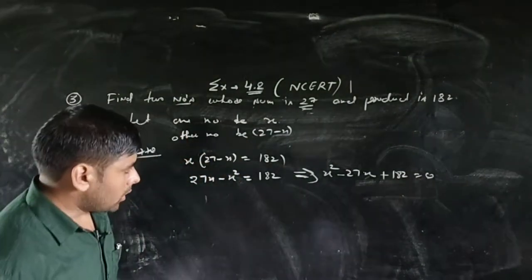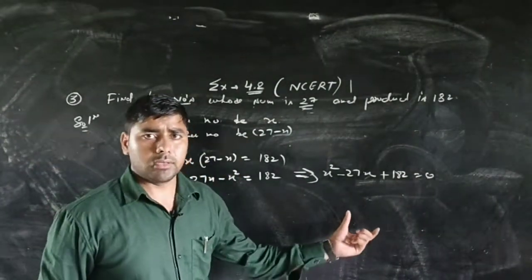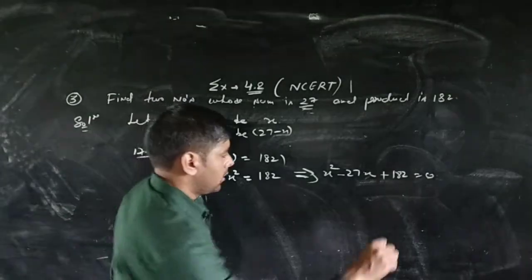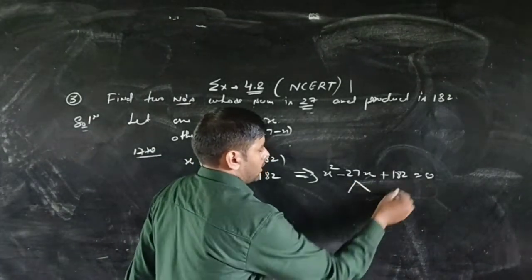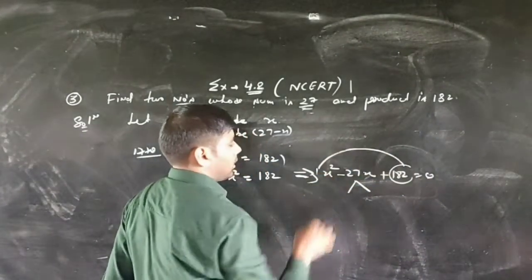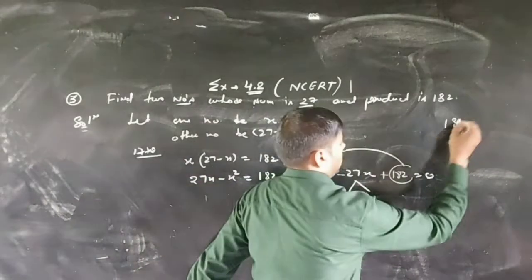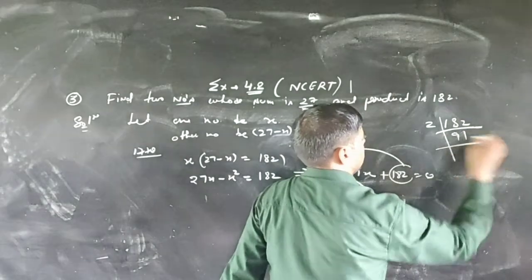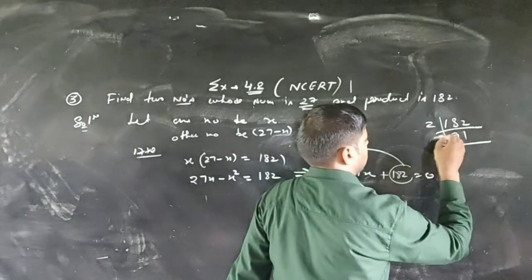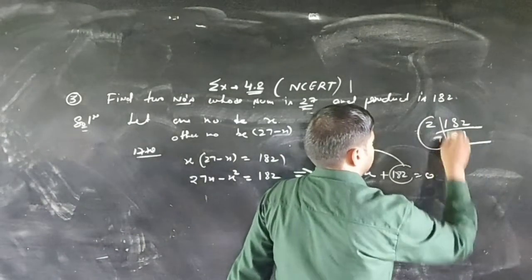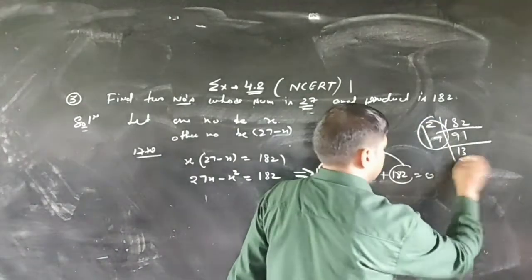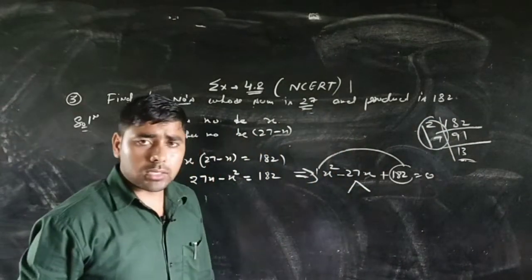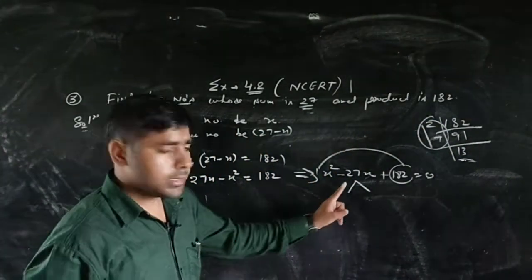Now we can solve this easily by the factorization method, splitting the middle term so that the product is 182. Splitting 182 as 13 into 14: 13 times 14 is 182, and 13 plus 14 is 27.